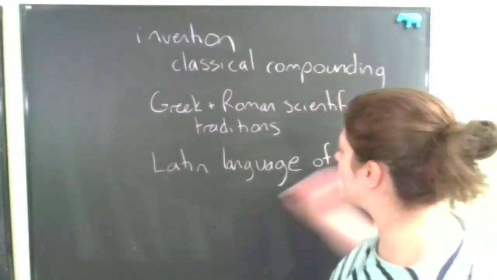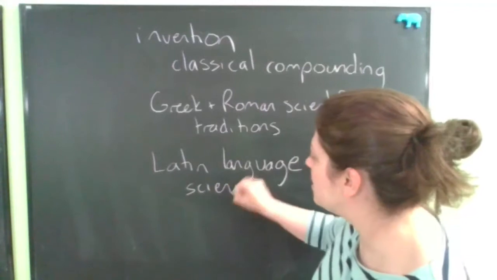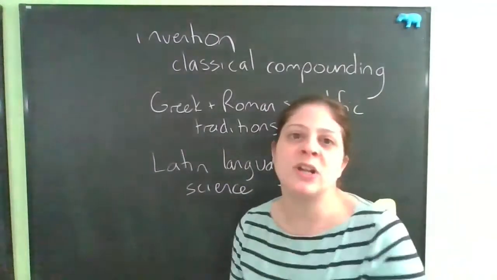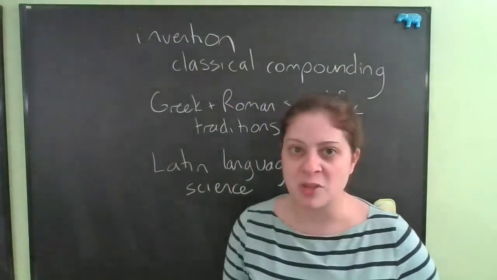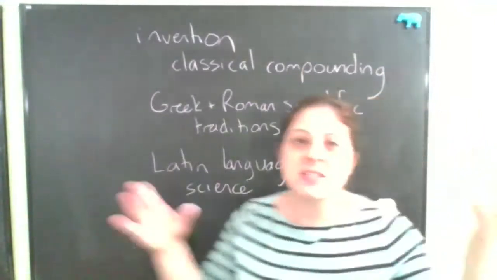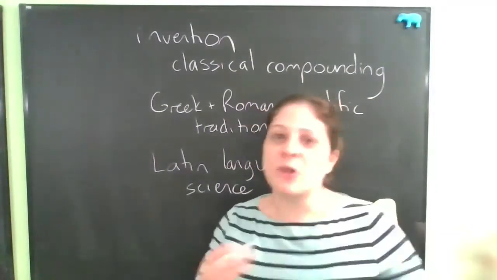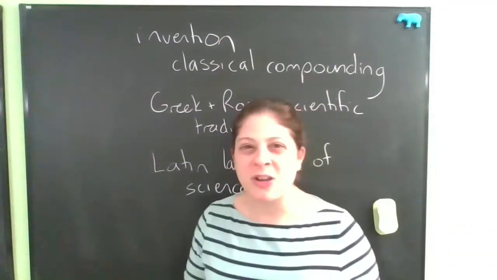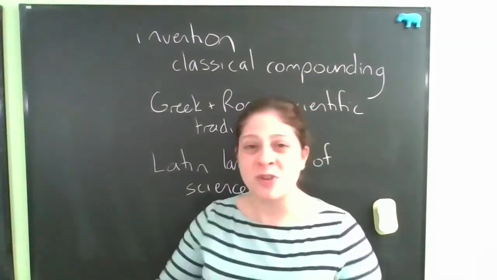So Latin becomes the language of science, and scientific treatises and texts are written in Latin for many hundreds of years in the modern English period. And so it makes sense that you would just use Latin words to fill in what you need rather than drawing on English. English words don't slot into Latin very easily.